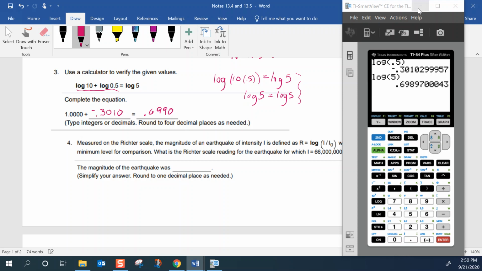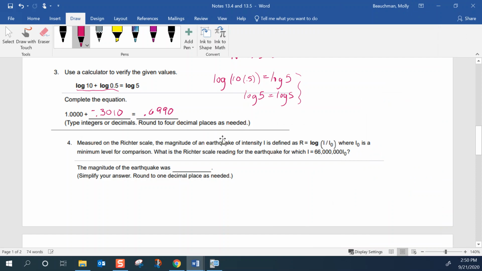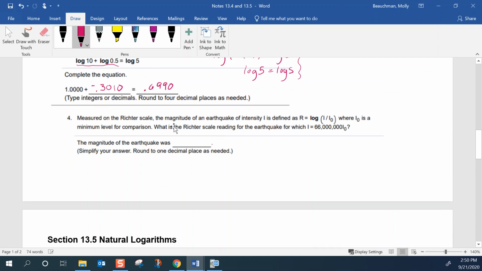The second type of problem that you'll have on homework is for earthquakes. Measured on the Richter scale, the magnitude of an earthquake of intensity capital I is defined as log of capital I divided by I subscript 0, where I sub 0 is a minimum level for comparison. What is the Richter scale reading for the earthquake in which capital I equals 66 million times I subscript 0?